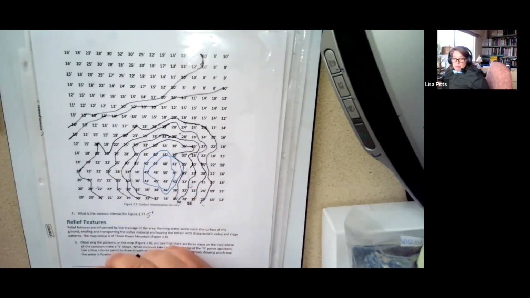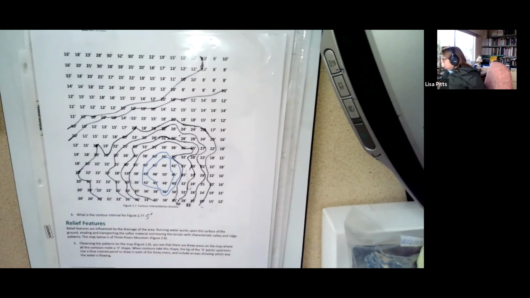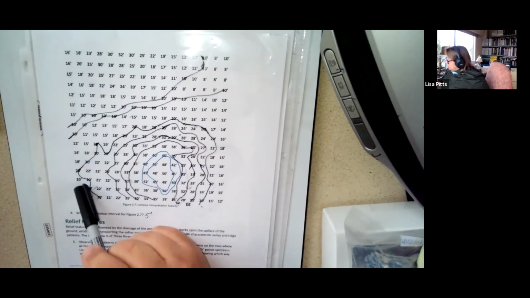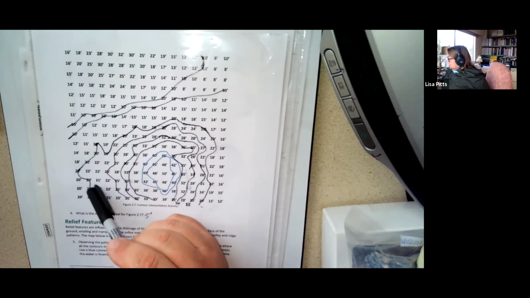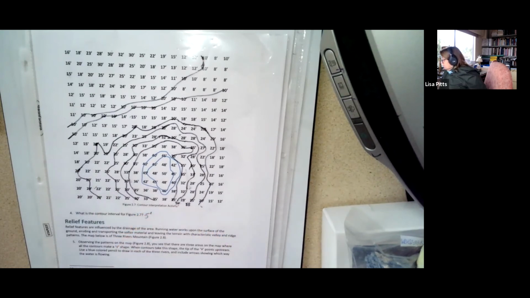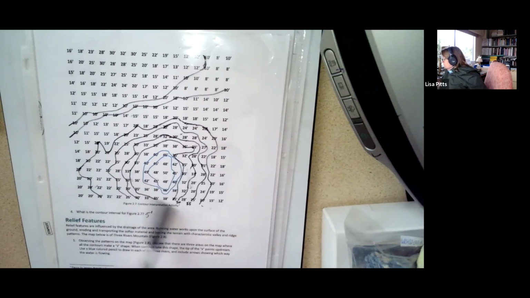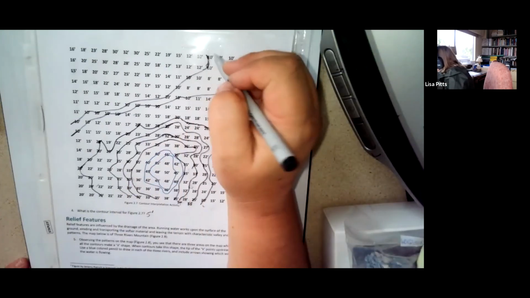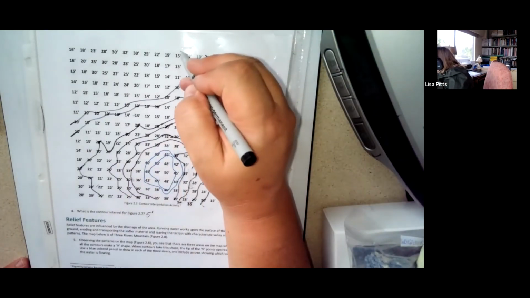And then they would send out survey parties to check and make sure that they were accurate. So they would take something like this and go, oh, these all look like they're the same elevation. And then they'd go out and ground truth it and be like, oh, no, that wasn't quite right. That's not a mesa. That's actually a hill here. This is weirdness going on down here. All right. So now we go back up here. And so we go 15.